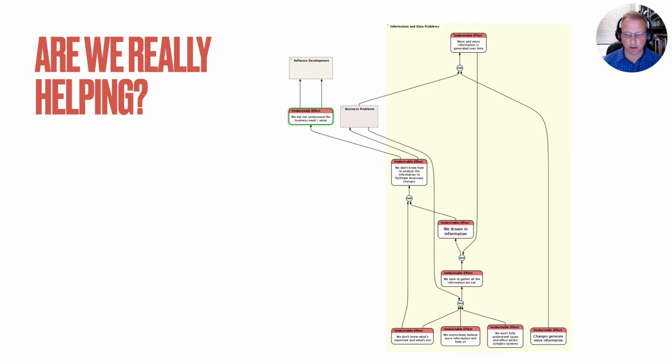So therefore, we're going to seek to gather all the information we can. And if more information is generated over time, then we drown in information. And if we're drowning in information and we don't know what's important or what's not, because the system's complex, then we don't know how to analyze the information to facilitate necessary changes. And therefore, we don't understand what the business needs and what the value we're bringing is.